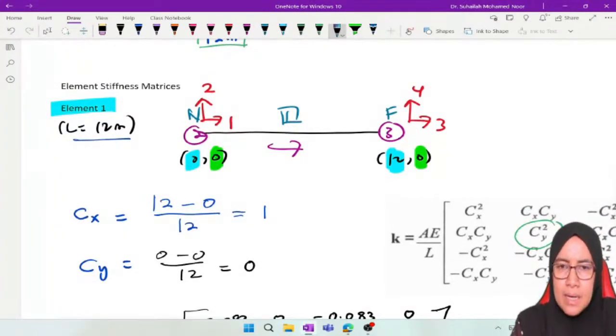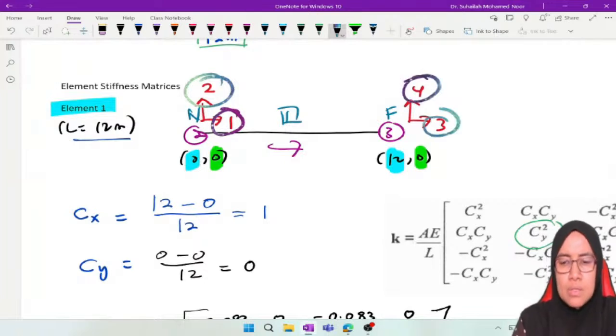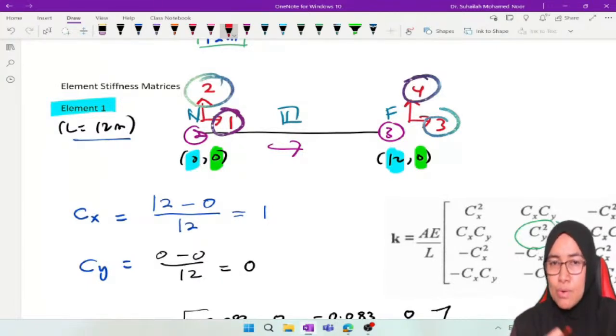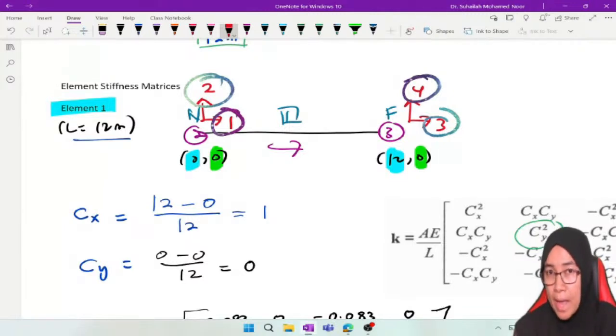Near XY is 1, 2, far XY is 3, 4. So the label is 1, 2, 3, 4. Near first, followed by far. At near, we have to follow the order XY: near XY, far XY.